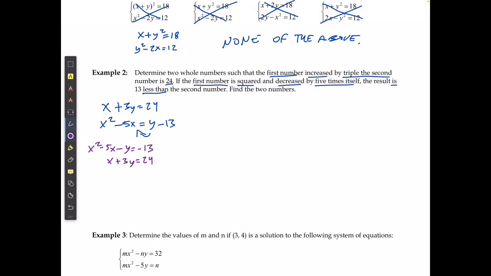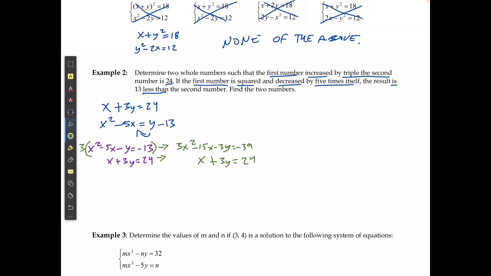So in order to make these match, I'm going to triple the first equation so that the y's actually match up. Now what I have is 3x squared minus 15x minus 3y is equal to negative 39, and the second equation I can leave the way it was, x plus 3y is equal to 24.